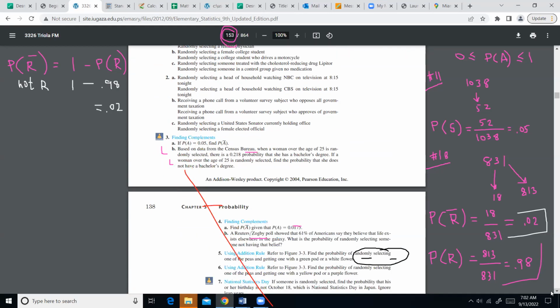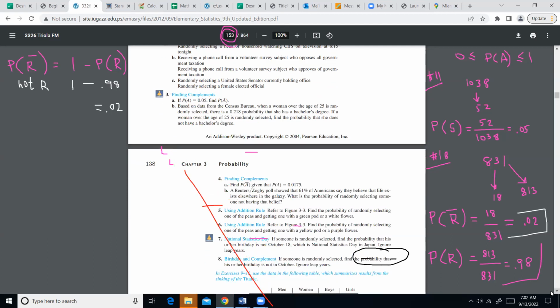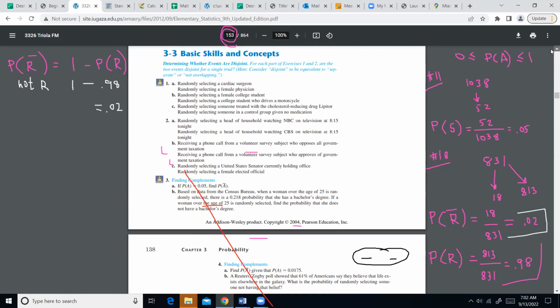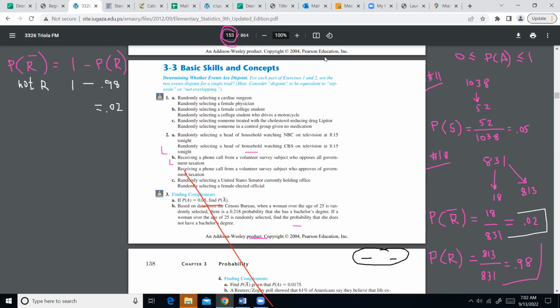So let me try a problem like number 3 here. So now I'm in the next section, section 3.3, and I'm going to do exercise number 3. And in this section, we're going to utilize the formula above. So let us look at part A here.